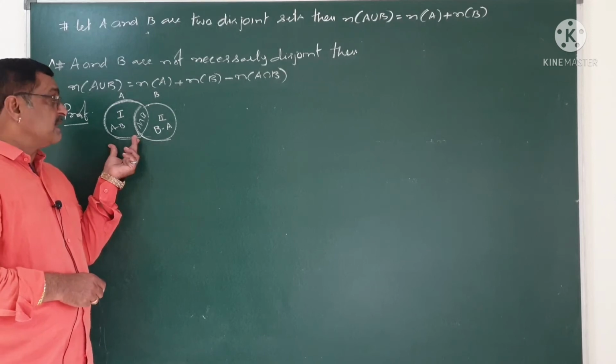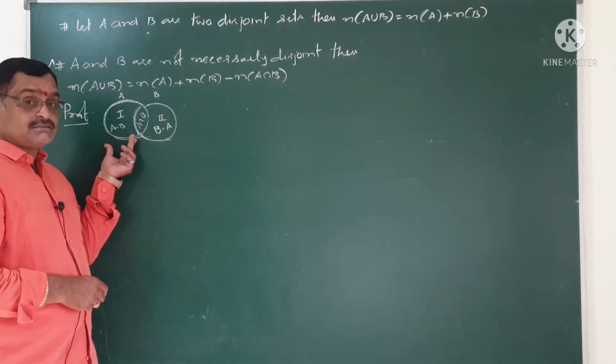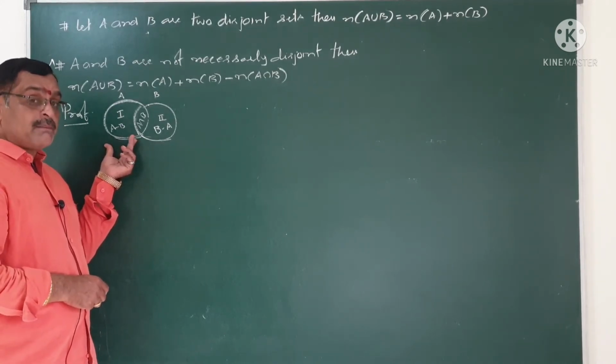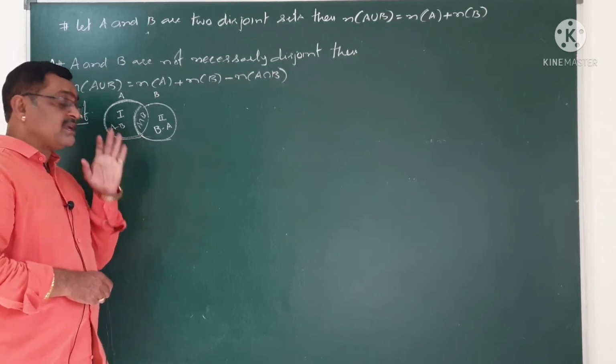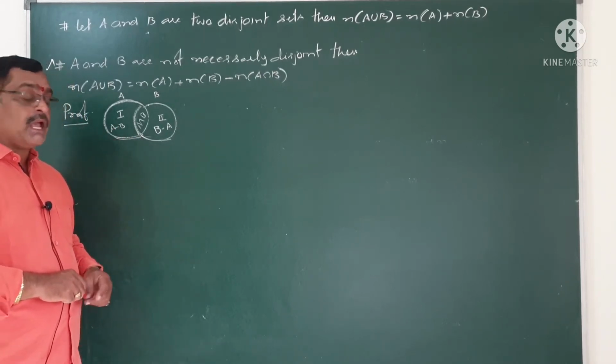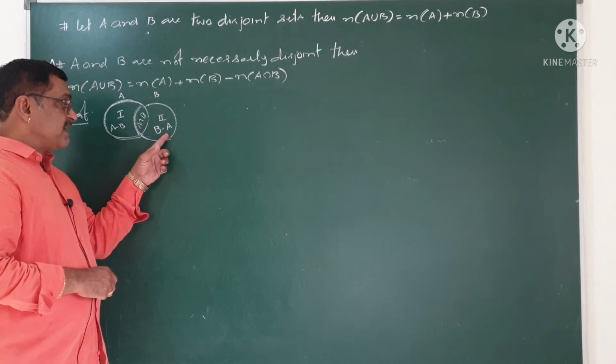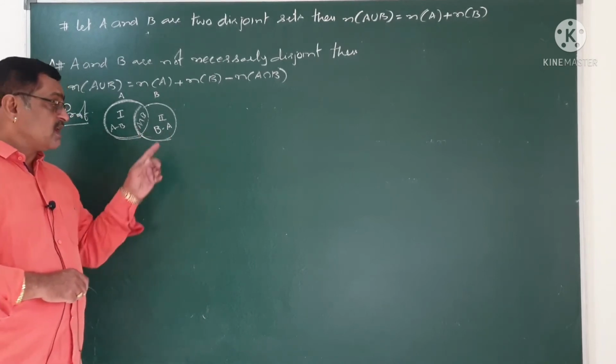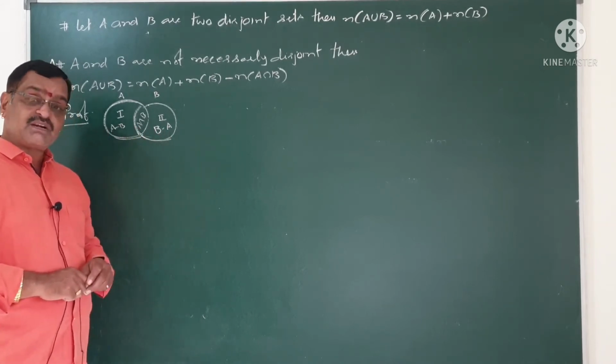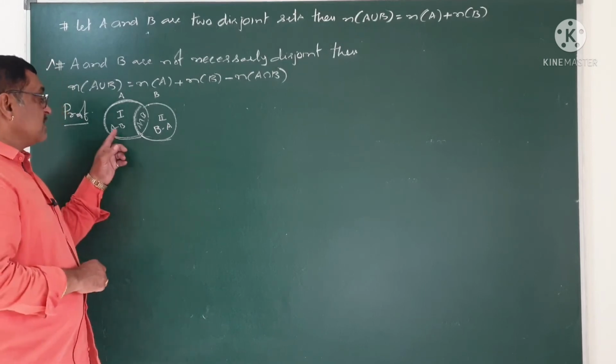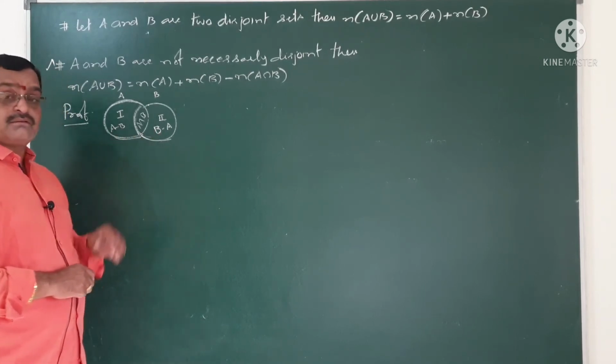So, no common elements in A minus B and A intersection B, and no common elements in B minus A and A intersection B, as well as these two are also disjoint.